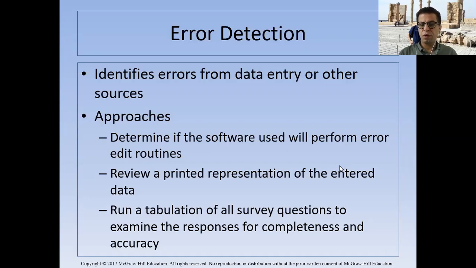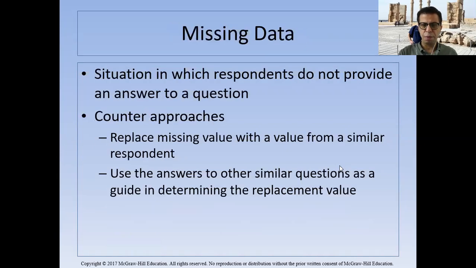Start by reviewing a print representation of the entered data. You can look at it manually, and then you run a tabulation of the survey and find the highest and lowest numbers, and between them the range, the mode, and the mean, and all these processes of statistical calculation, which we saw in the first video.